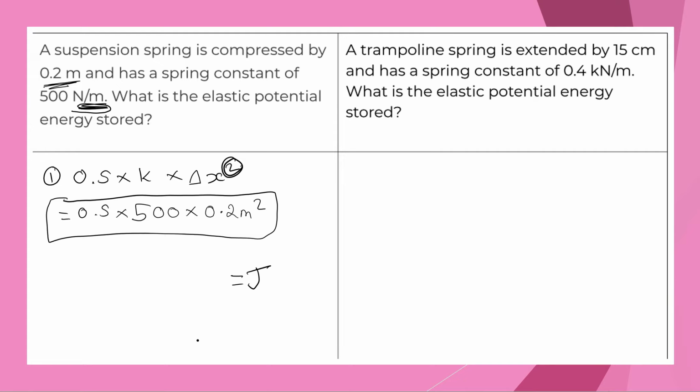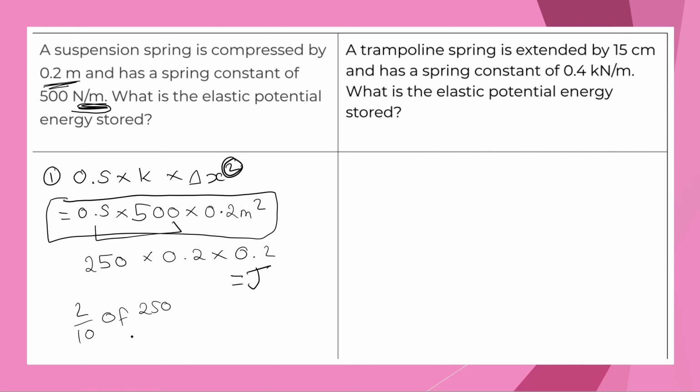So if we were to work it out, 0.5 multiplied by 500 is just half of 500. This would give you an answer of 250. Now what is left is to multiply it by 0.2 multiplied by 0.2. So 0.2 is simply 2/10 of 250.